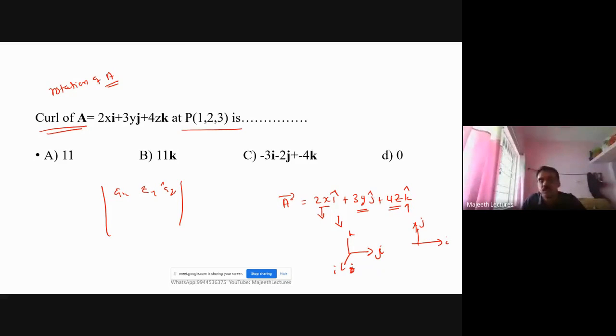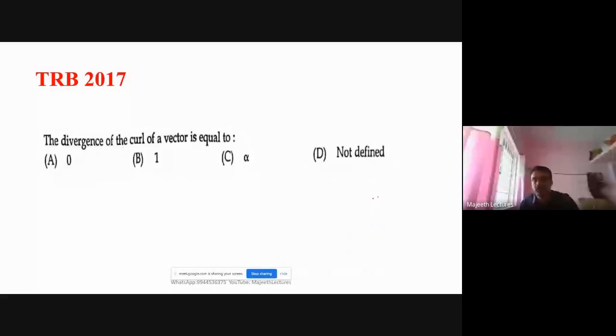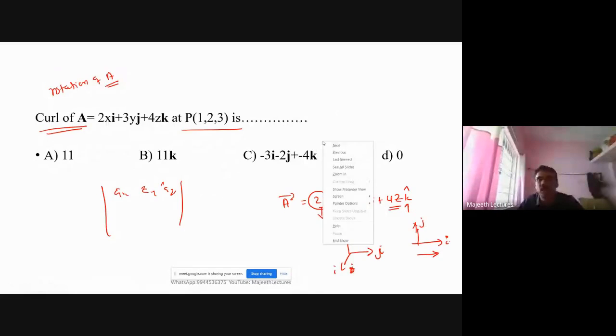Here the unit vector is i, this is the i direction, the unit vector is j in the j direction, and the vector component is changing in the x direction. x is nothing but the i direction. So the direction of the vector is i, and the component is also along i. Here the direction of the vector is j, and the component is also along j, right?